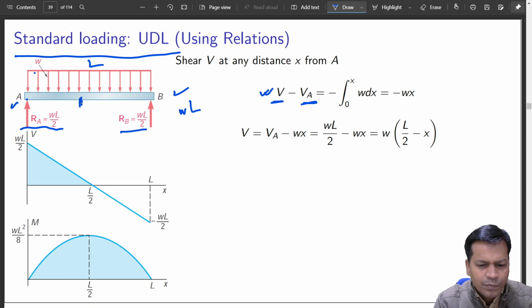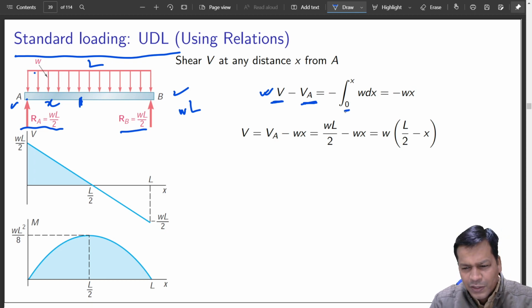V is the point at a distance x from A, so the limits are 0 and x. How much is that equal to? w into dx. Integrating the load from 0 to x gives me wx. So V is equal to VA minus wx.